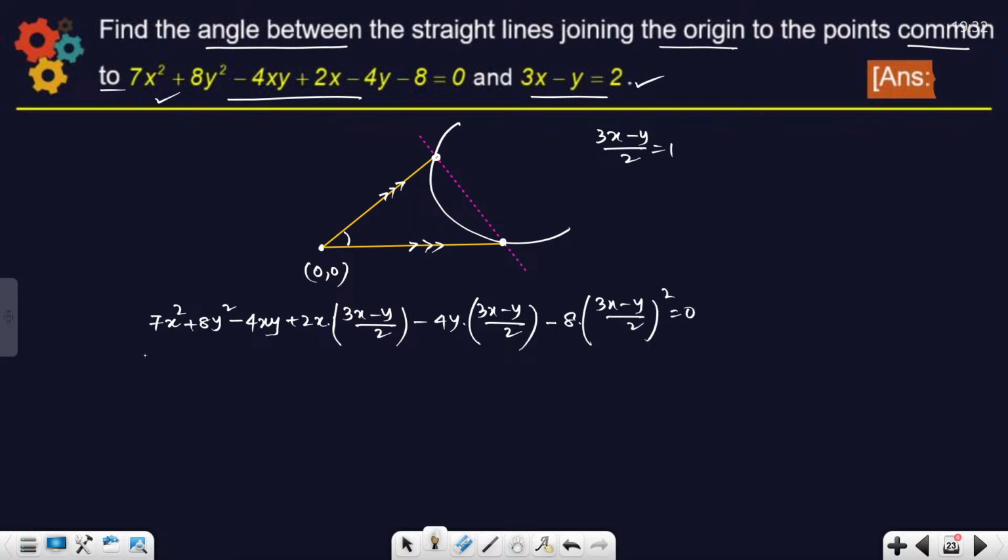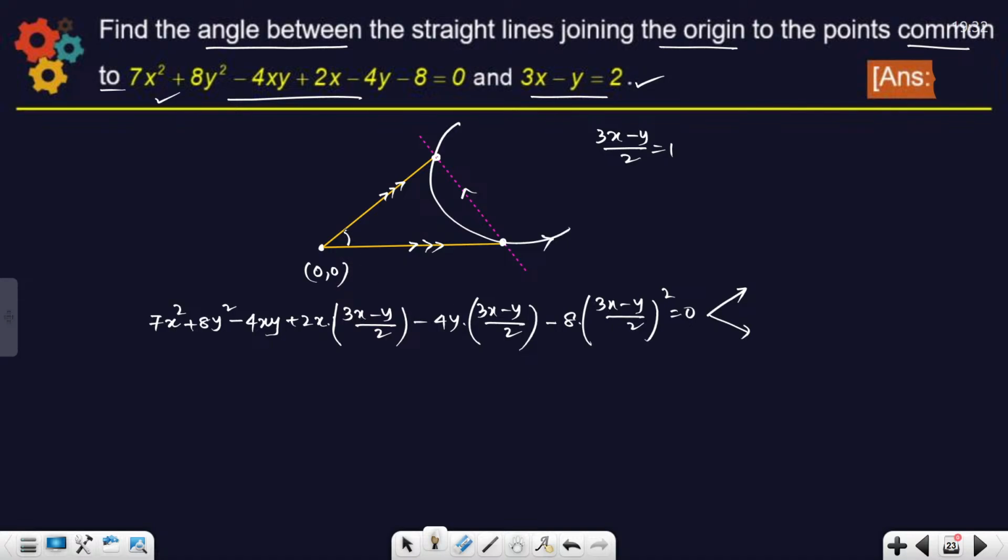Now you see, this equation has been transformed into a homogeneous equation. So this guarantees us what? It guarantees us that this pair of lines represents a pair of lines passing through the origin, as well as through the point of intersection of this line and this curve. Is it clear?